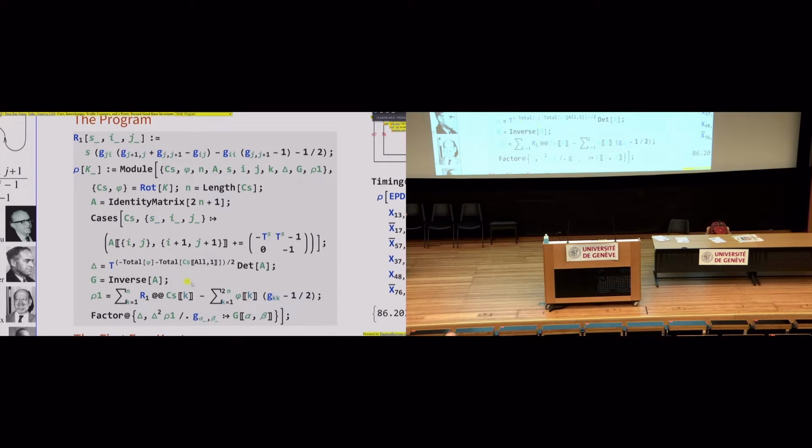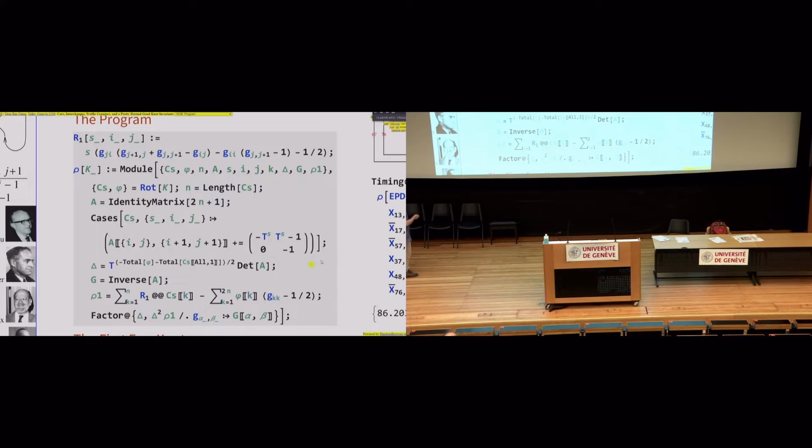Okay, and then I set rho 1 to be the sum over all crossings of R1 on the crossing, and then the normalization factor. You don't need to know the syntax of this language. It's clearly a repeat of what I said before.